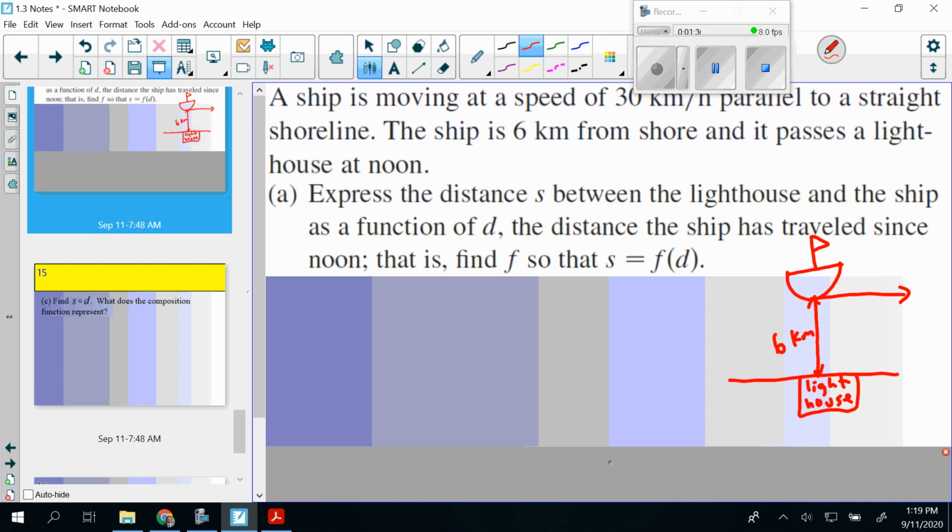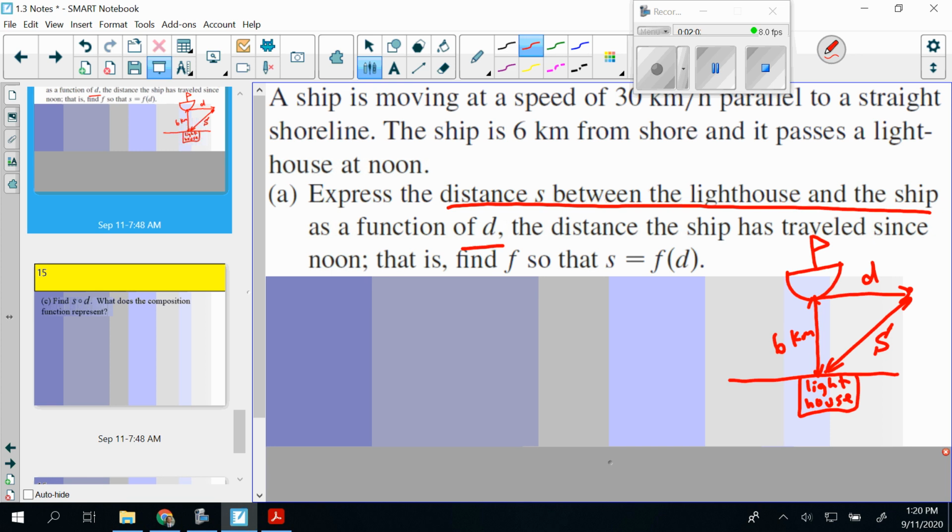Express the distance s between the lighthouse and the ship. So let's make sure we get s on there. The ship sometime later is going to be out here. That's the distance s, so I'm going to call it s here. And then we have one more thing, the distance the ship has traveled since noon, that's going to be right here, d.